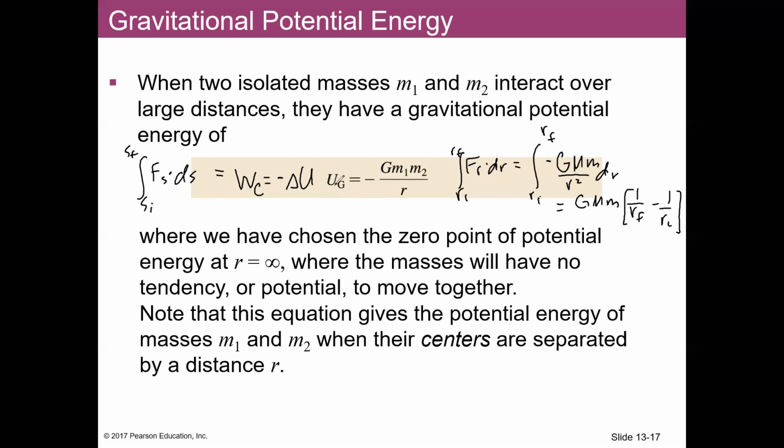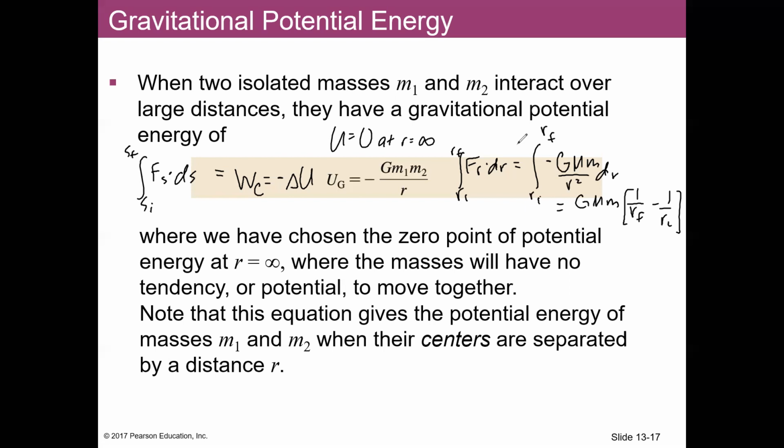I guess we use a capital G subscript for gravity. Sometimes we use lowercase g. So one thing to observe about the potential energy is that it's a negative quantity. What does it mean? This negative sign comes from the fact that our reference point, and this might be a little bit strange compared to other problems we've had, we set the zero of potential energy at r equals infinity.